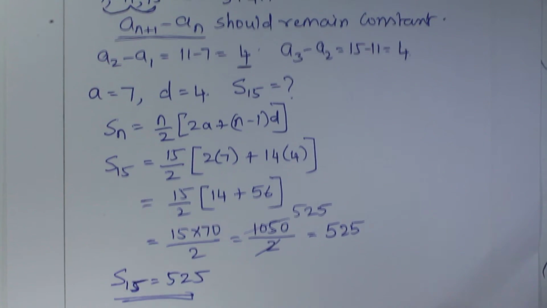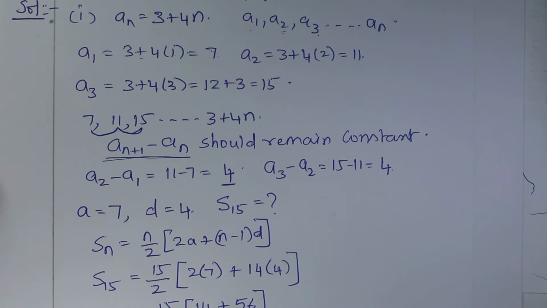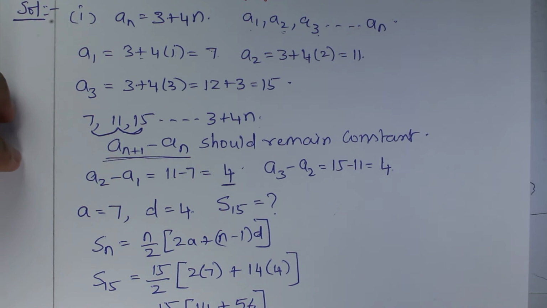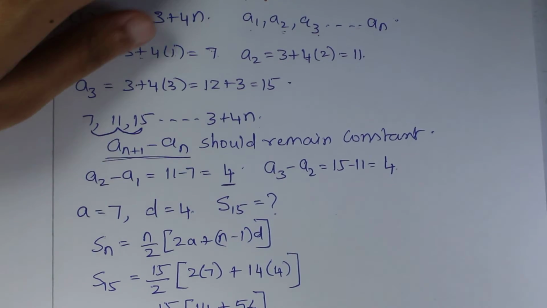In a similar way, we will prove that an is equal to 9 minus 5n is an arithmetic progression.